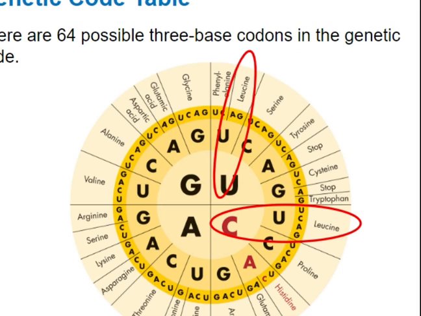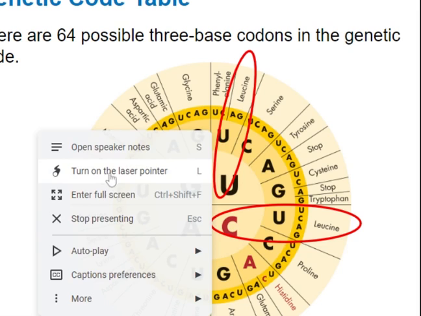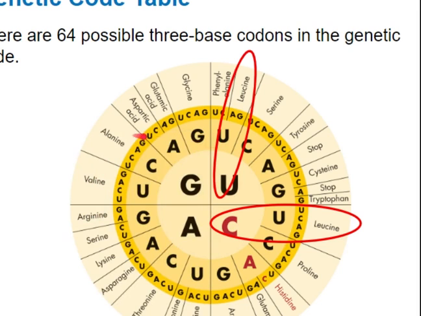UUA. Let me point those out. We read from the inside out: UUA, and that leads to leucine. We also have UUG, which codes for leucine.